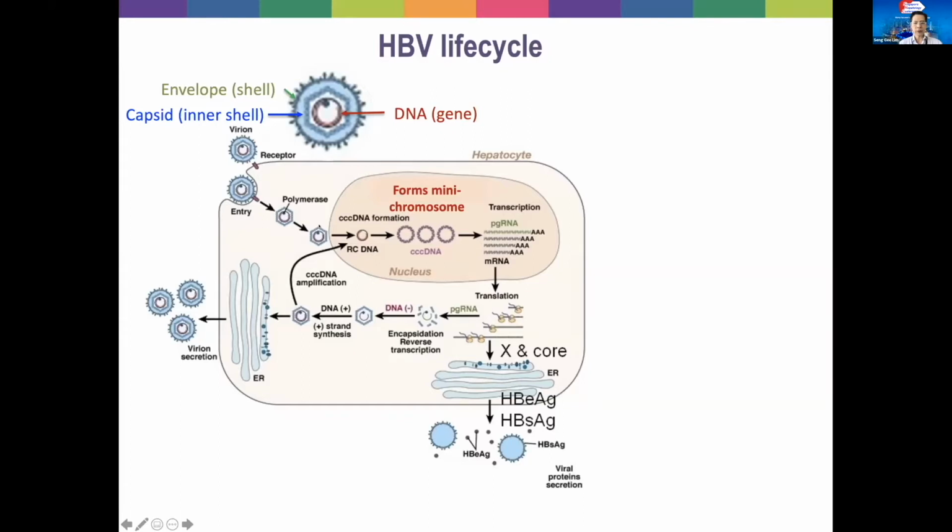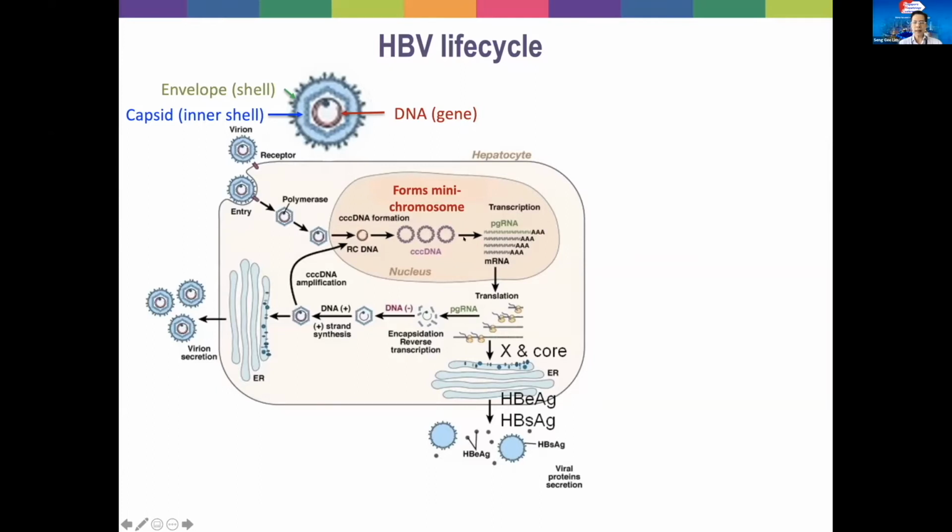The gene enters the nucleus, and the nucleus then forms these things called cccDNA, which is basically a chromosome. So it uses the proteins from the nucleus, the body's proteins, to form a chromosome. And you can see that chromosomes are very difficult to remove, so they can stay there for a long time.